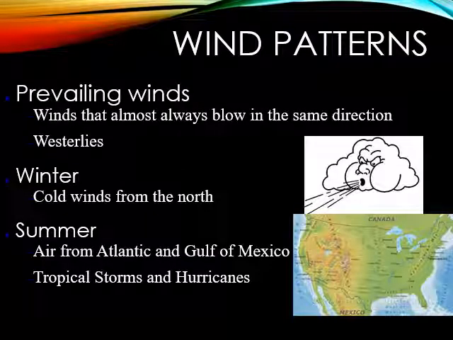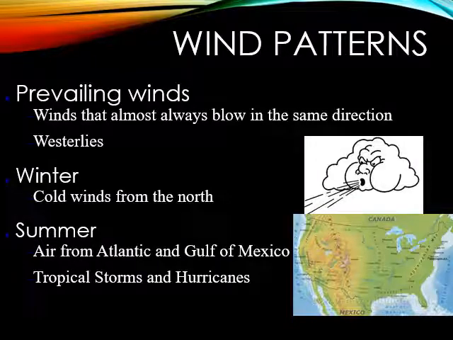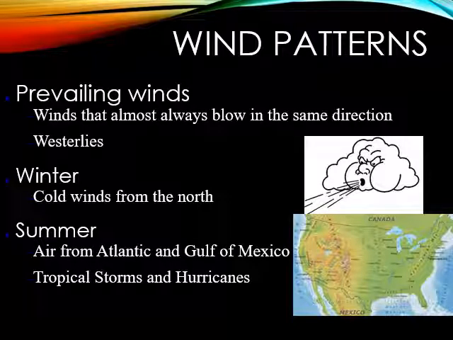Now, to talk a little bit more about weather type things, we need to talk about the wind patterns and the prevailing winds. Prevailing winds are everywhere. They're winds that almost always blow in the same direction, and that's true of America just like it is anywhere else. They are called the westerlies, and they run from the west coast to the east coast.